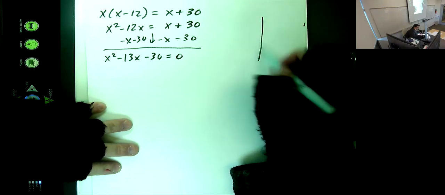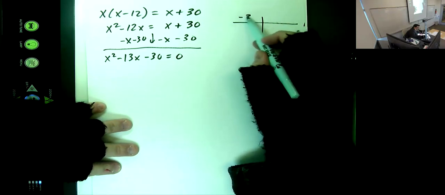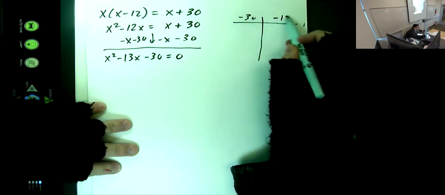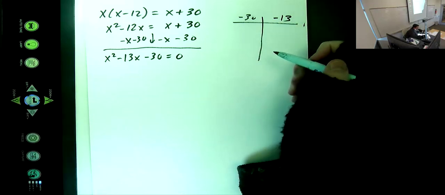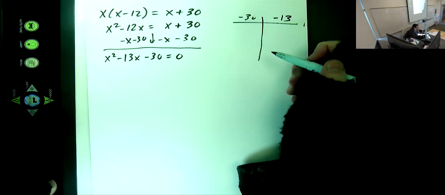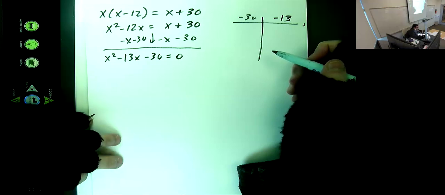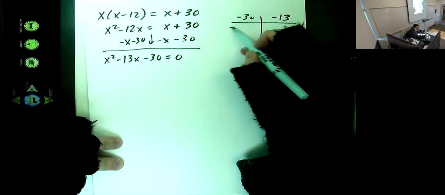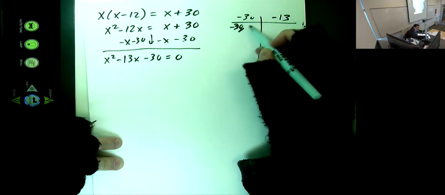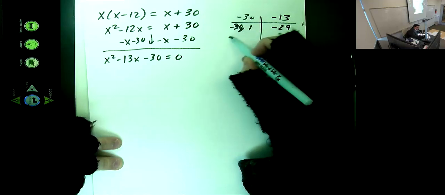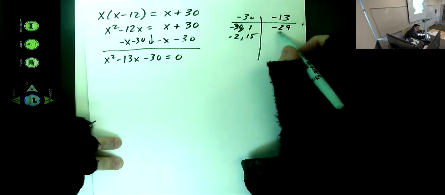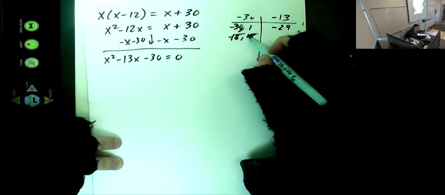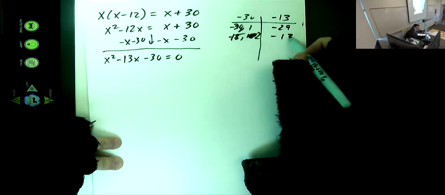It needs to multiply to -30 and add to -13. If you jump the gun and race to it too quick and say 10 and 3, you're wrong, because one of them has to be negative and one of them has to be positive, and the bigger number has to be negative. So if I do -2 and 15, or -15 and 2, I'll get -13.